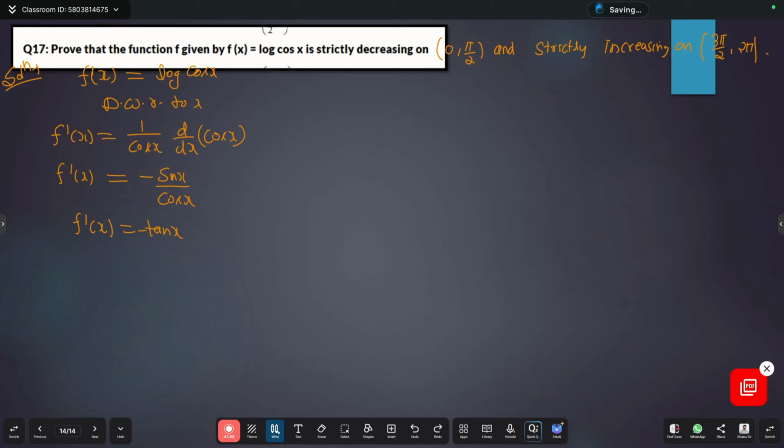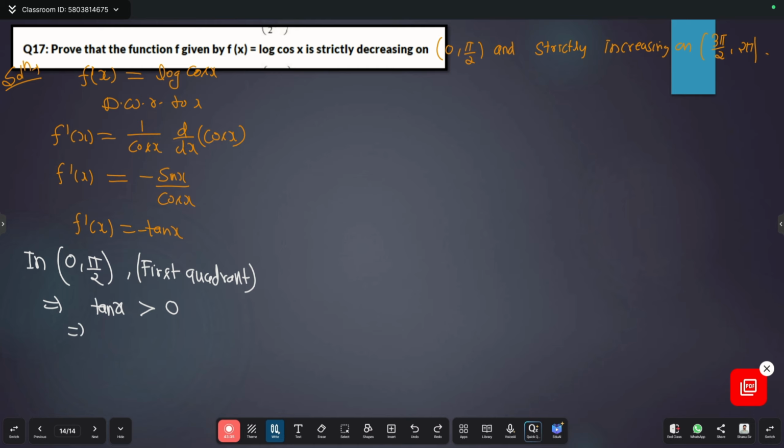Now in 0 to pi by 2, this is the first quadrant, correct? And in the first quadrant all trigonometric functions are positive. So tan x is a trigonometric function, it implies tan x is positive, greater than 0. But here we have minus tan x. So tan x positive implies minus tan x negative.